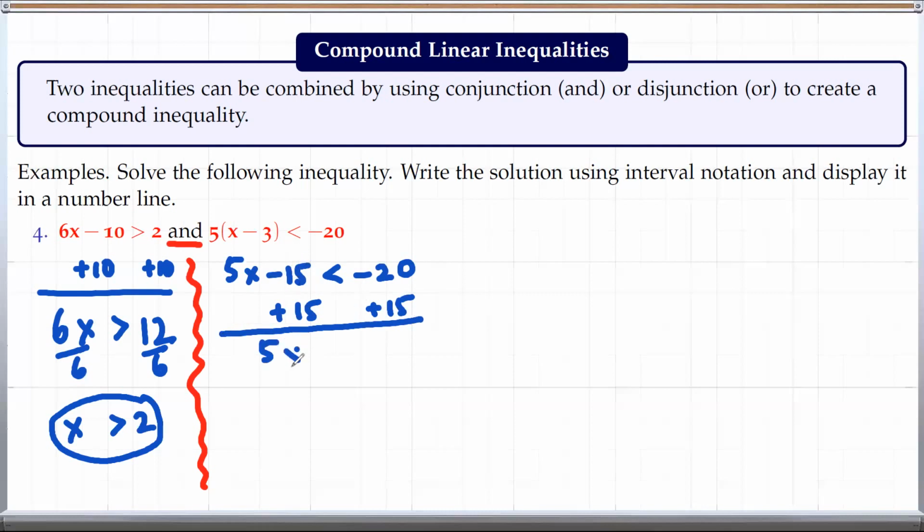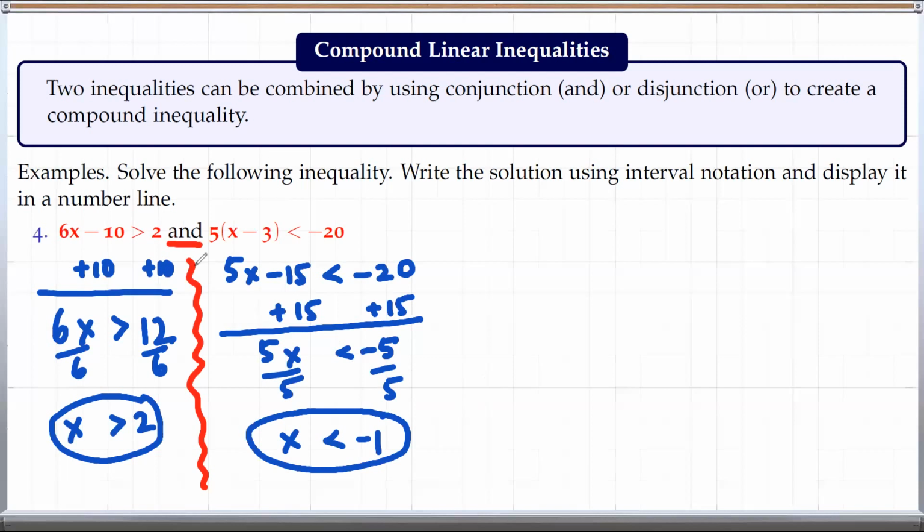So we will get 5x less than -5, since -20 plus 15 is -5. And the last step, we can divide both of these by 5, because we want to get rid of this 5 in front of x. So that will give us x less than -1. Okay, so this is the solution to the second one.